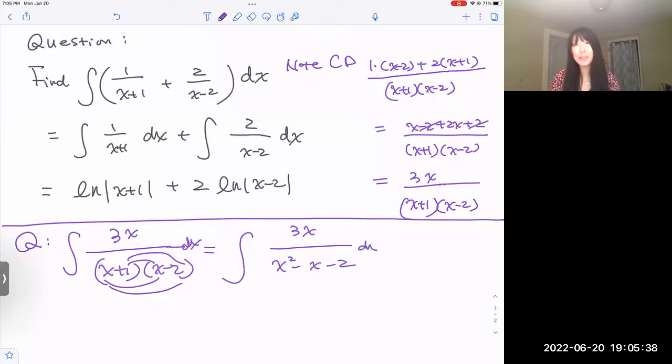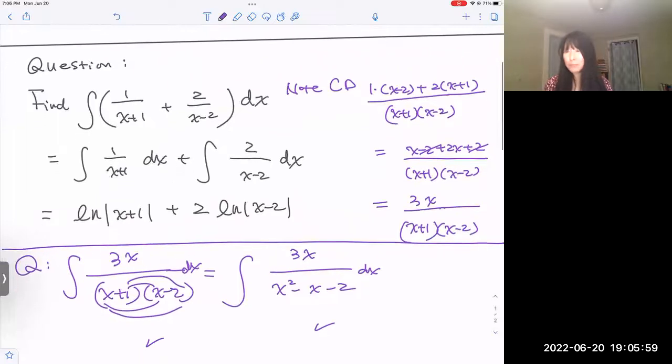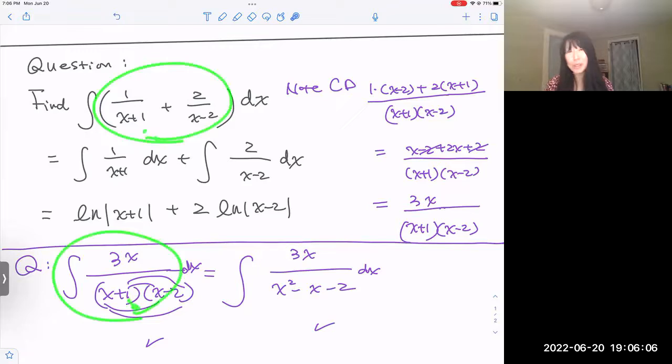So this is basically the same. With either one, there's no way we can find the integration. Then look, this actually comes from this one, so this one is actually the same as this one as well.